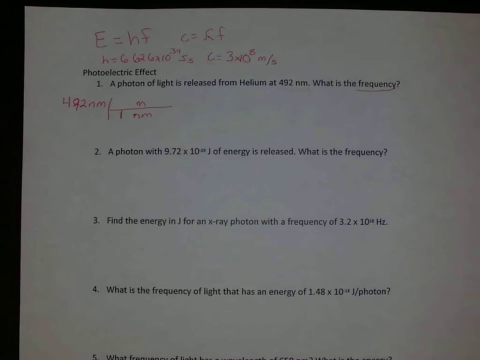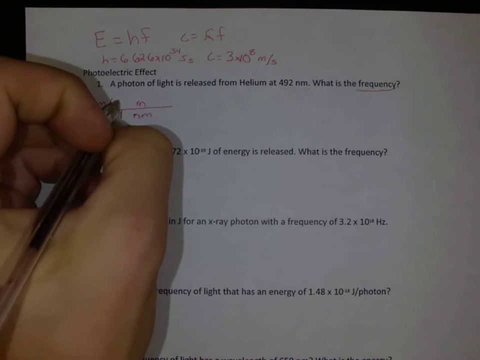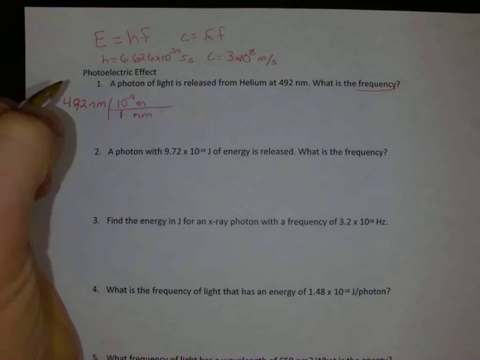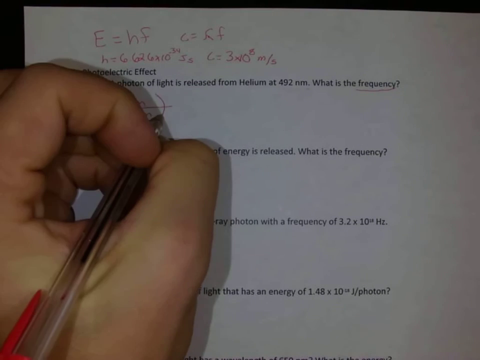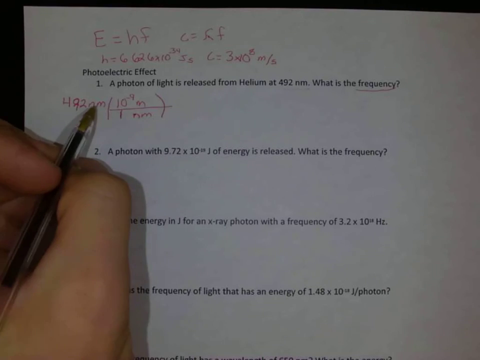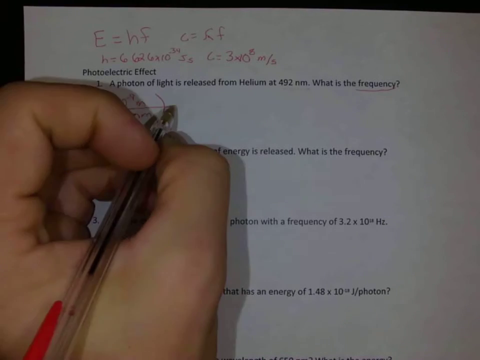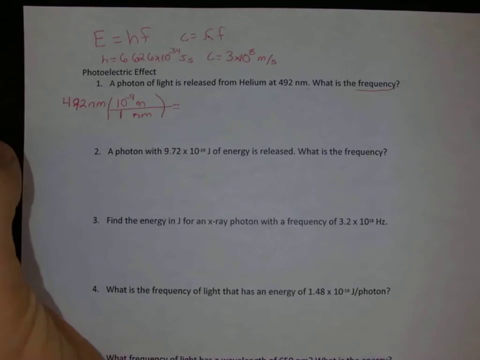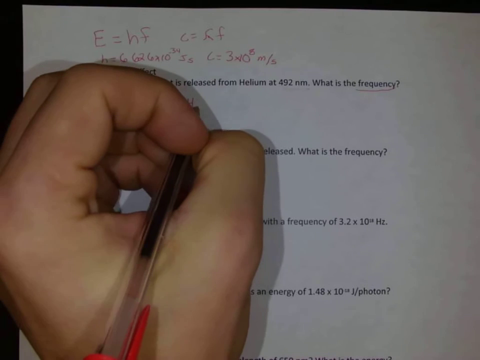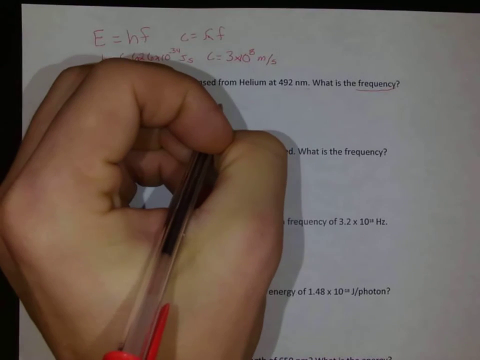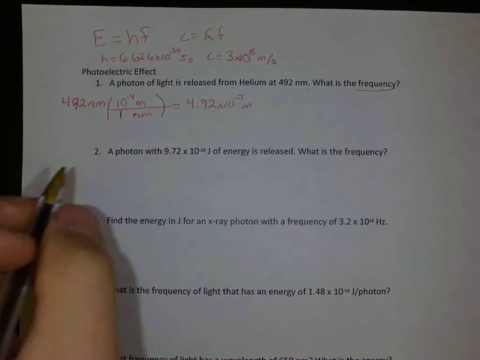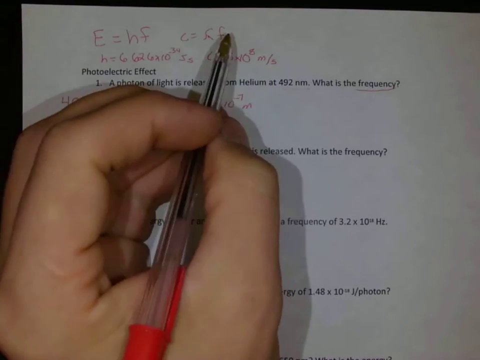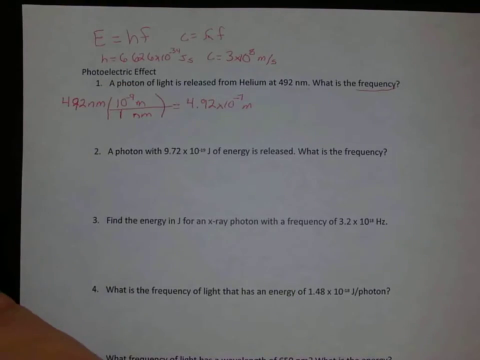So 1 nanometer is 10 to the minus 9th meters. If I do that, that's going to convert my nanometers to meters. There's my conversion, and I can see that I'm going to have 4.92 times 10 to the minus 7th meters. Now I can take my wavelength and put it into this equation, and I can calculate my frequency.